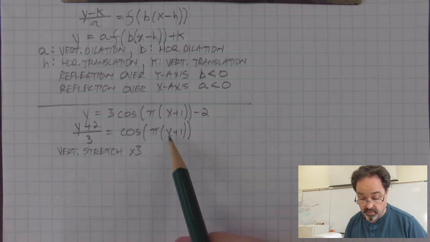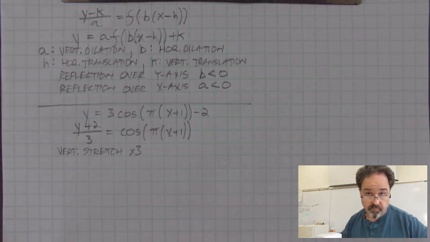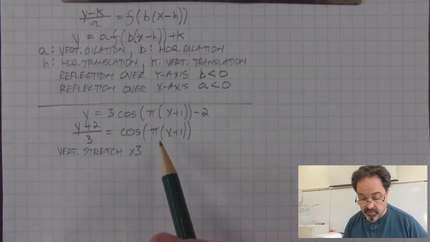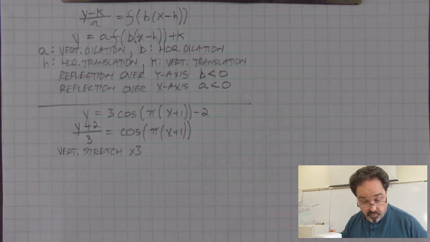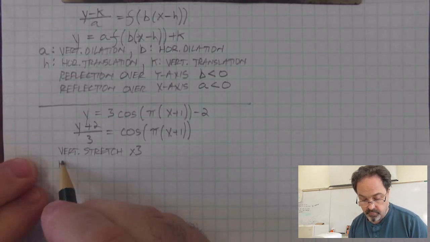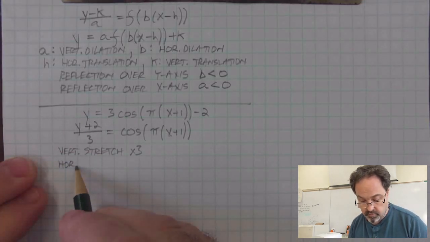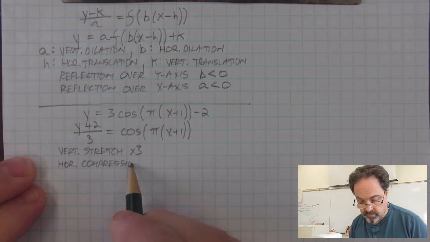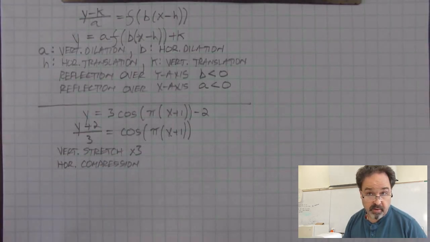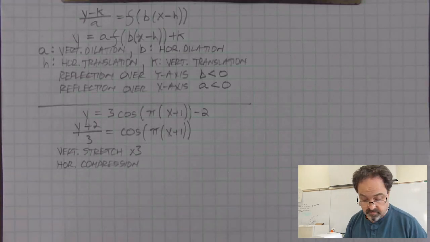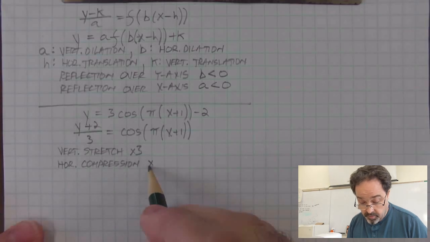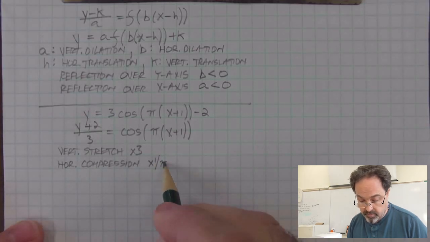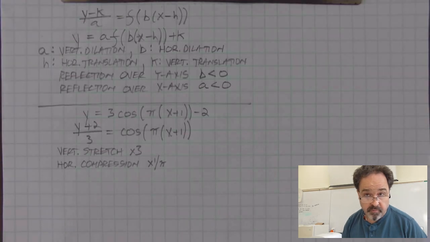But multiplying x is going to perform a compression. Pi is greater than 1, so it's going to compress x by a factor of pi. This is a horizontal compression by a factor of pi. And if we're going to compress by a factor of pi, if we're going to shrink distances, then what we're going to multiply by is 1 over pi to shrink them by that factor of pi.